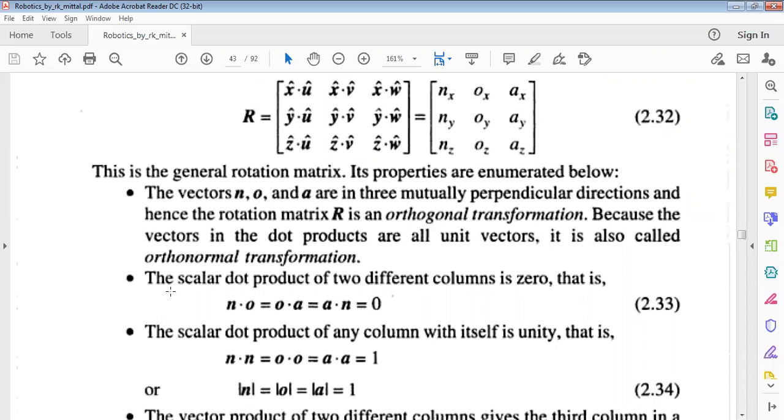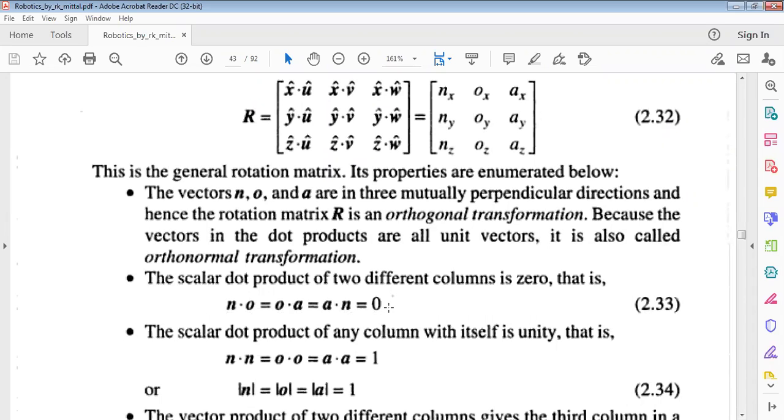The second property is the scalar dot product of two different columns. The scalar product of two different columns is 0. For example, the n vector dot product with the O vector, the O vector dot product with the A vector, A dot product with n is equal to 0.